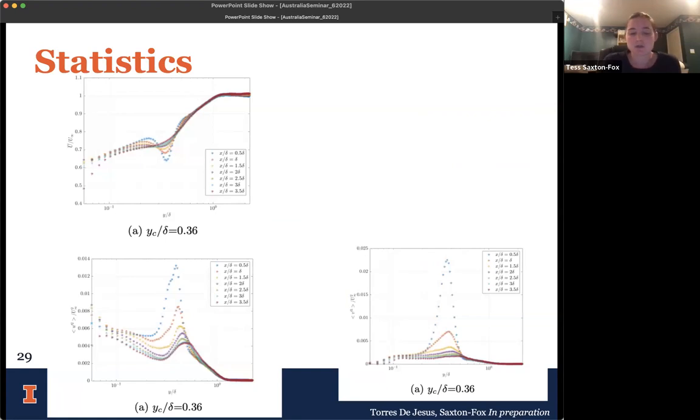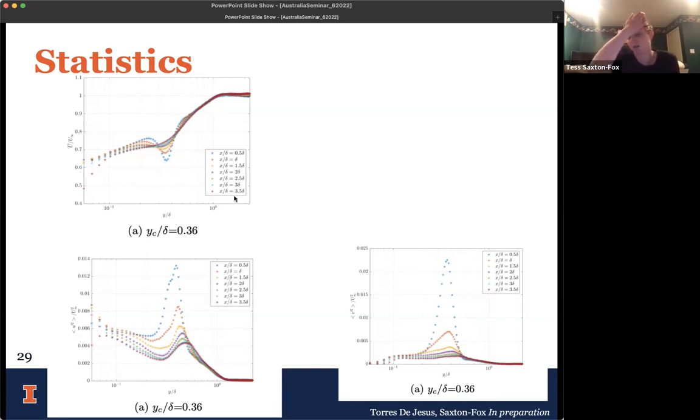So we have statistics for this flow. We did experiments on this in the fall, I think. I'm not going to talk much about the statistics today, but we're working on a paper about that. We see that nearest downstream of the cylinder, there is a significant impact on the mean velocity profile that decays as a function of space.